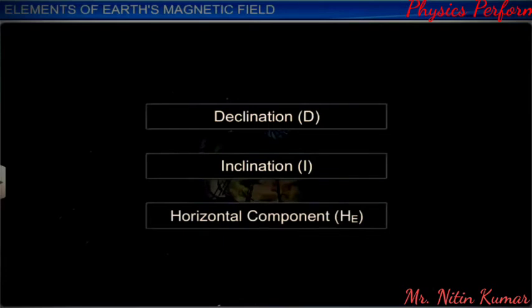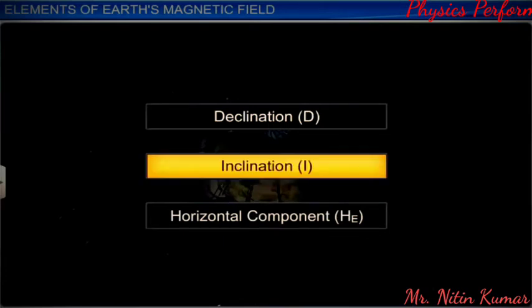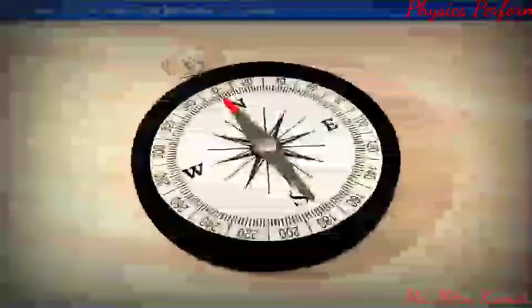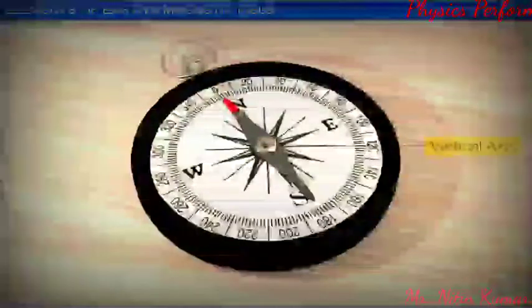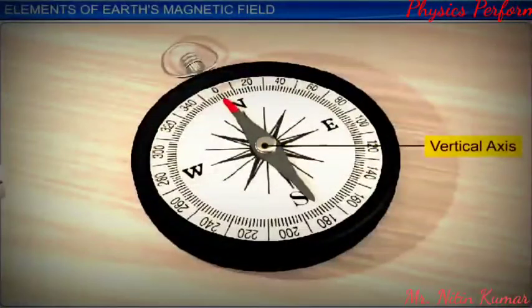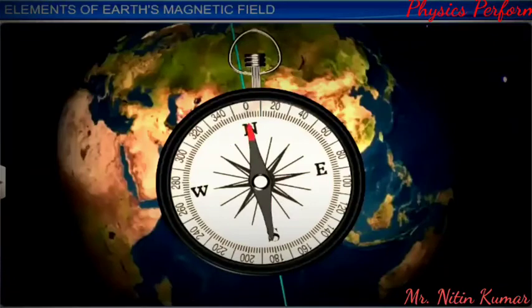The second element of the Earth's magnetic field is the angle of dip or inclination. A magnetic compass needle is provided with a pivot such that it can rotate freely about a vertical axis. The needle comes to rest when aligned with the magnetic meridian to indicate the magnetic north.